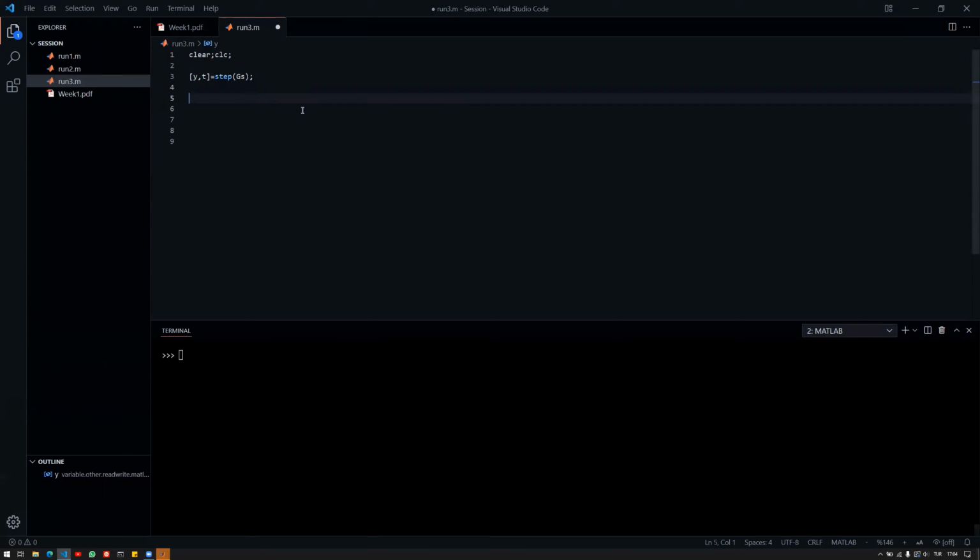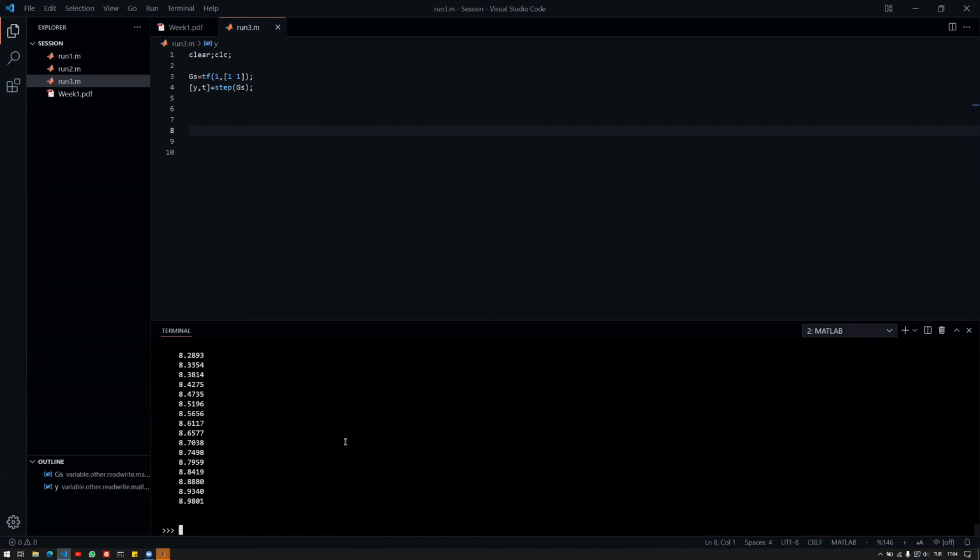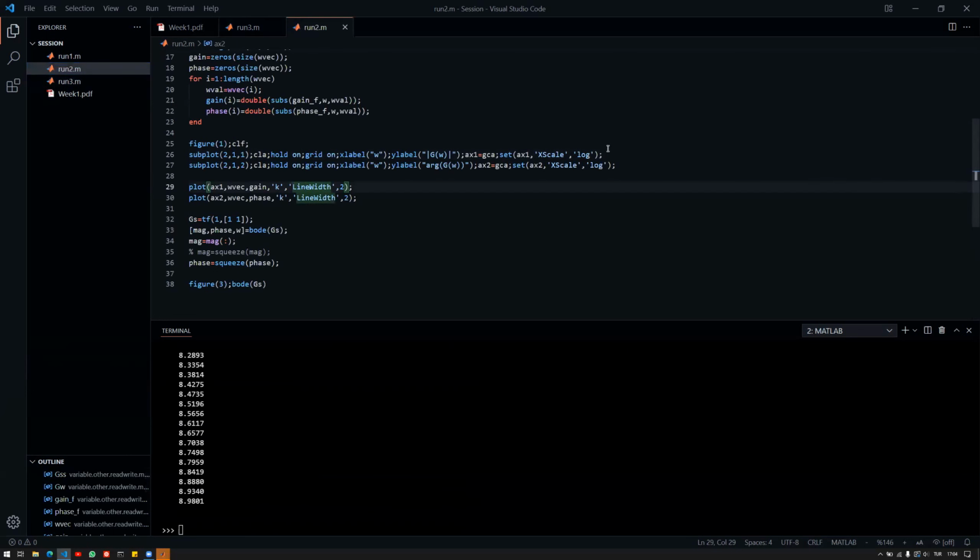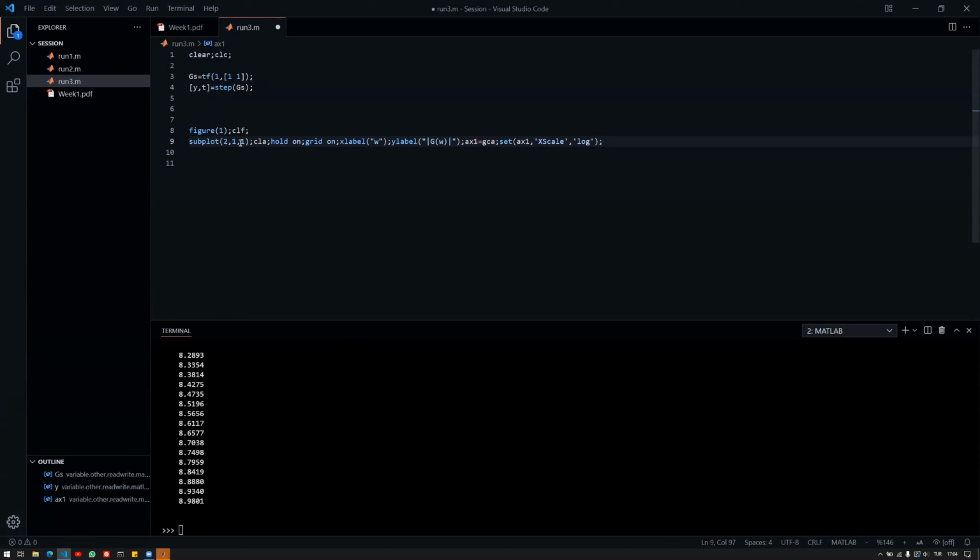And let's see how. Let me again define our transfer function of the day, which is 1 divided by s plus 1. If I run this, we will have y and t, and this is basically the step response.